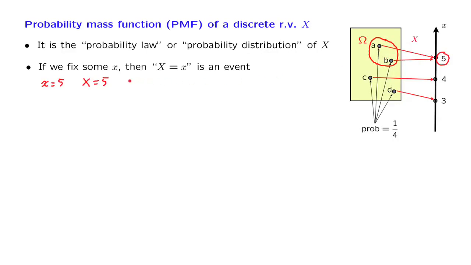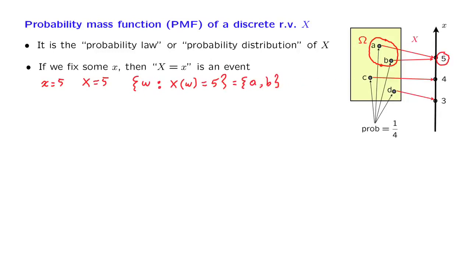More formally, the event that we're talking about is the set of all outcomes for which the numerical value of our random variable, which is a function of the outcome, happens to be equal to 5. And in this example, it is a set consisting of 2 elements.